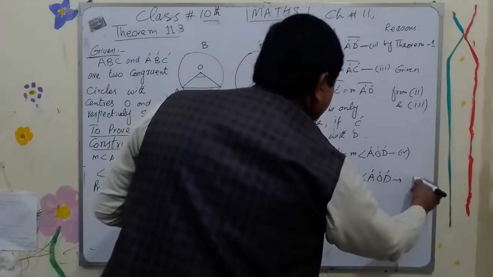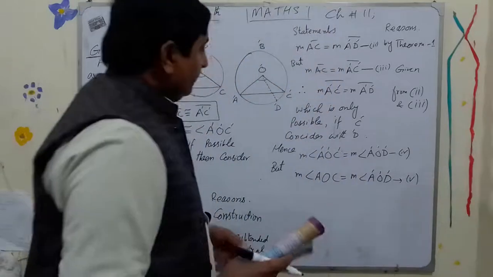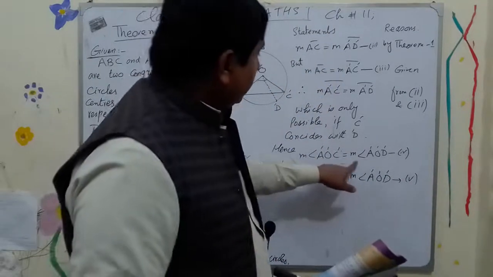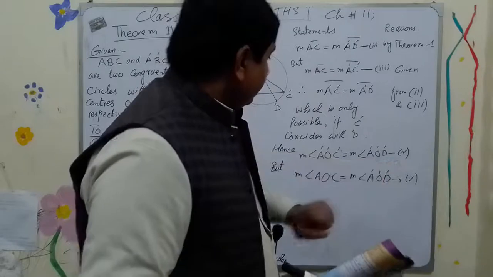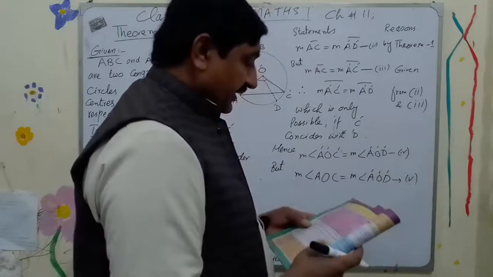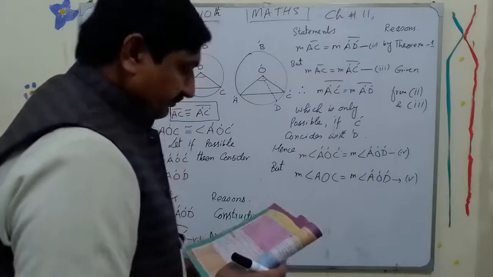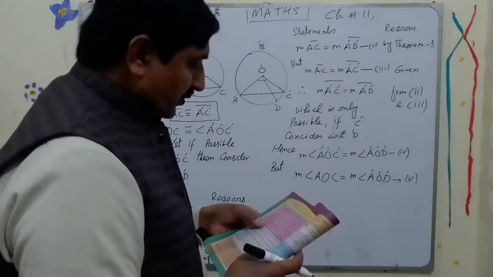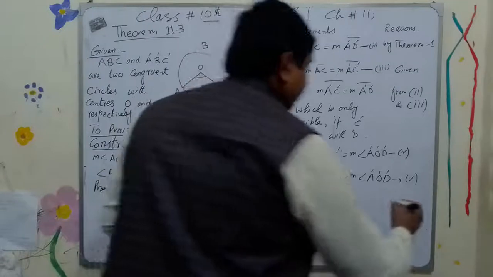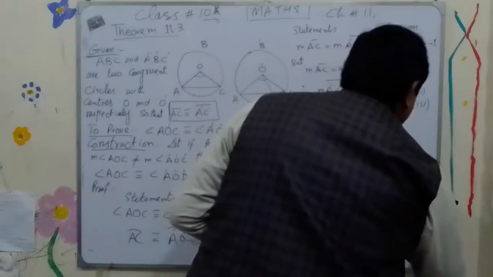This is equation 5th. Why do we write it? Measure angle AOC is equal to this because of construction.